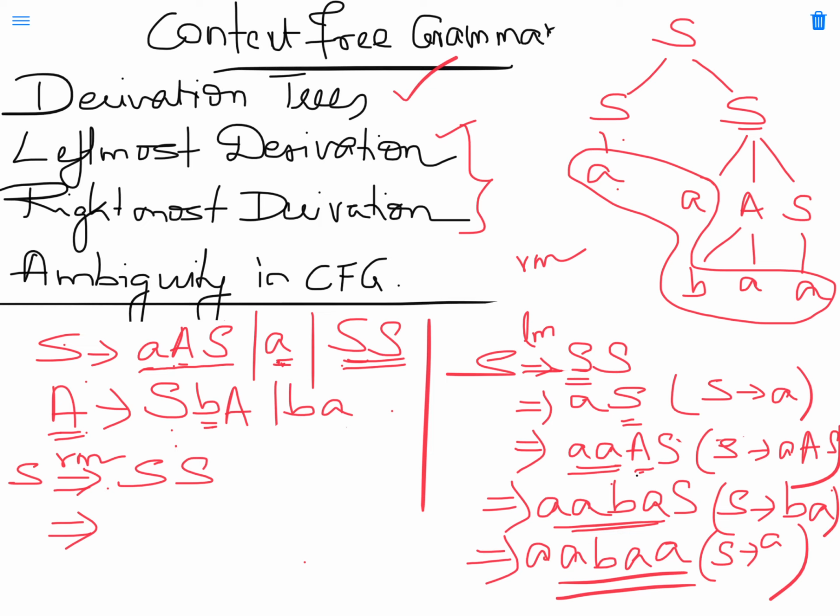For rightmost derivation you have to expand the rightmost non-terminal with the required production. So if I expand the rightmost non-terminal, which production do I have to use? Just expand it with A. So it will be like SA.